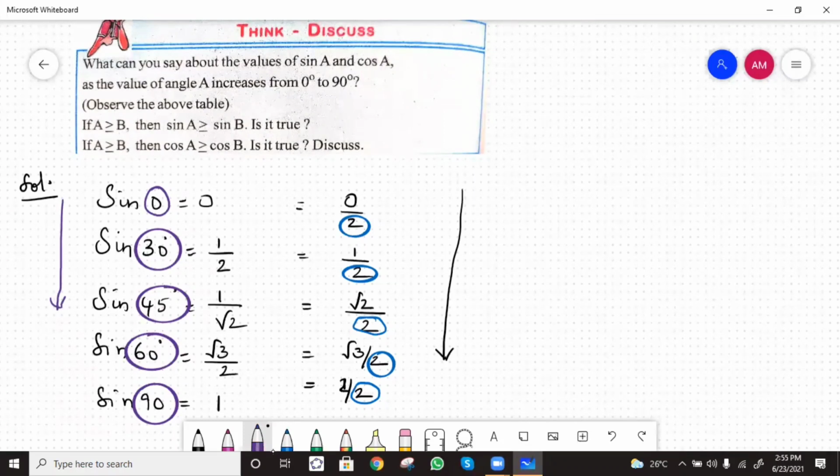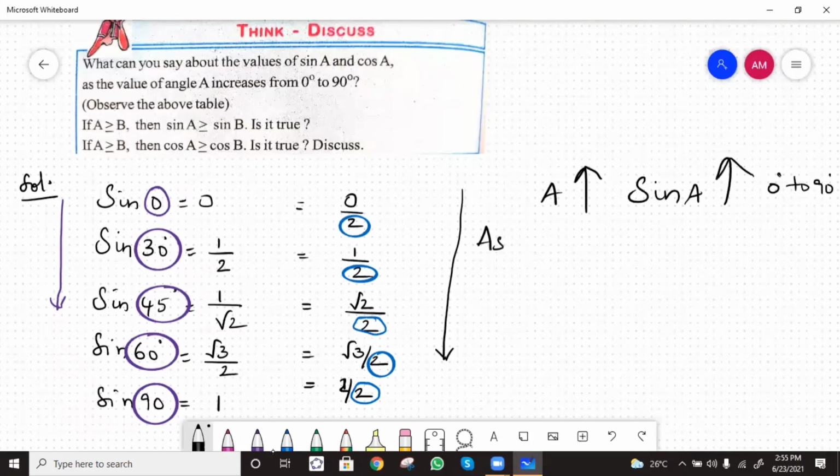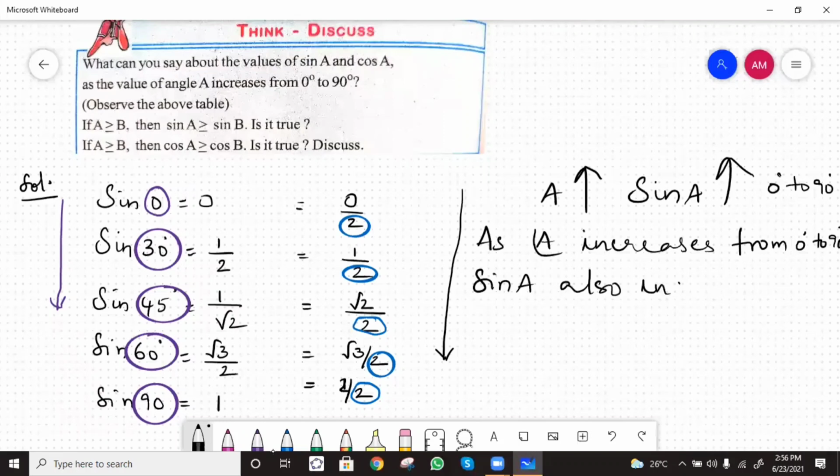So what we say is, whenever angle A increases from 0 to 90 degrees, sine A also increases.